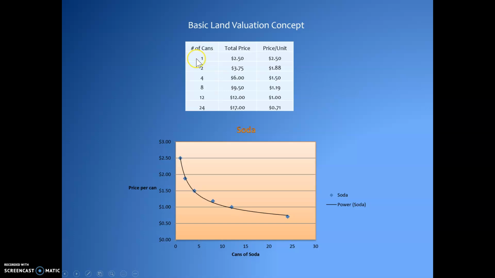We can substitute the number of cans for acreage. So our first acre is going to be our most expensive, and as our size increases, you can see our price per acre also decreases.